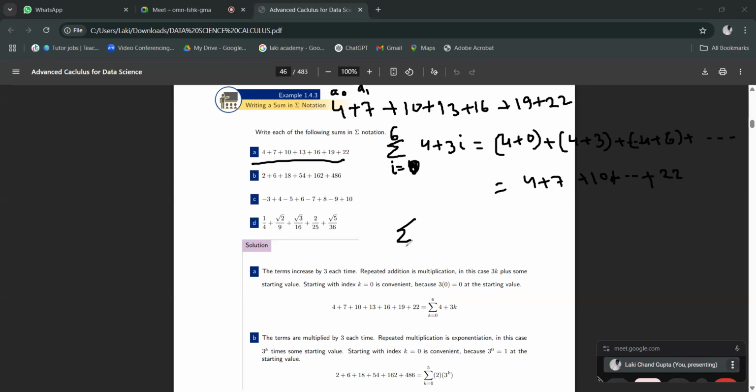You can also write it in this way, where I starts from 1.